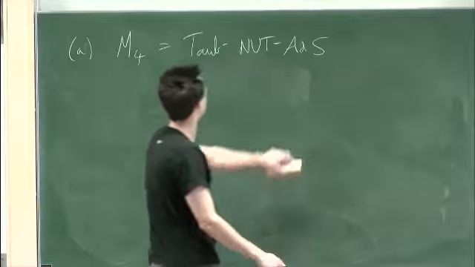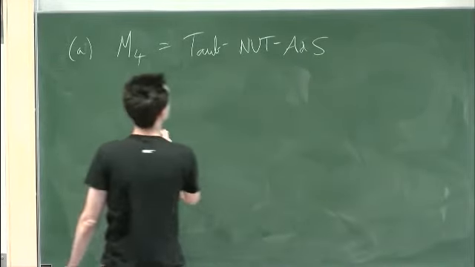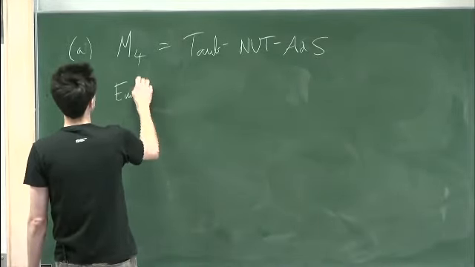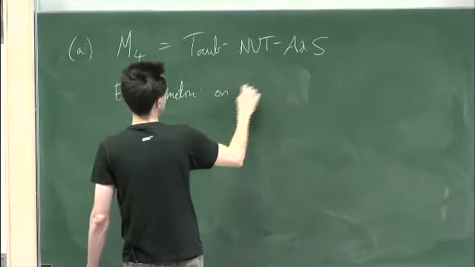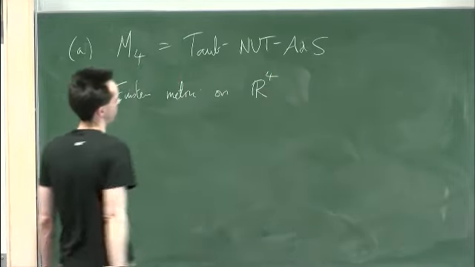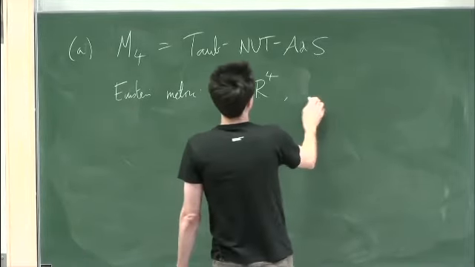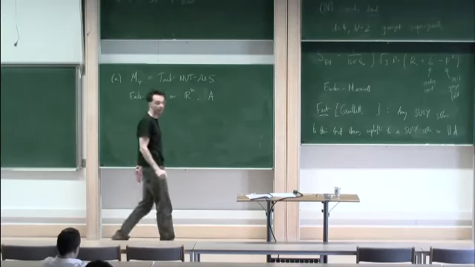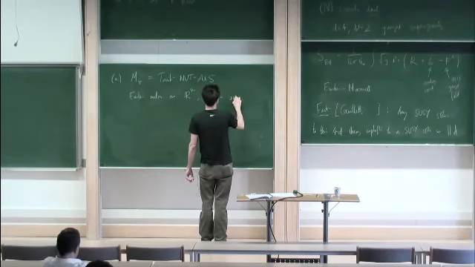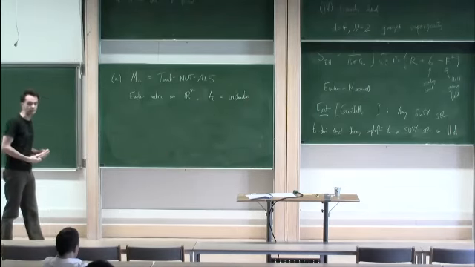You must go back to at least the 70s as a solution to the Einstein equations. So it's an Einstein metric on R4. Okay, R4 has boundary S3, so it's a squashed boundary. And the gauge field A in supergravity is an instanton. So it's a self-dual U(1) gauge field.